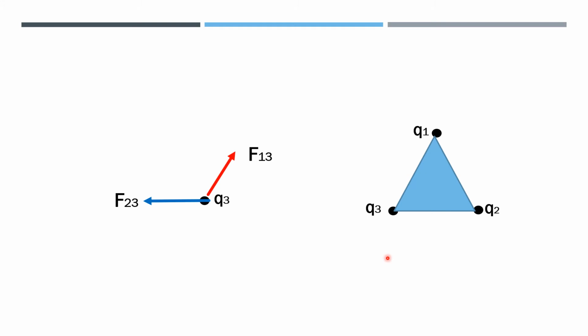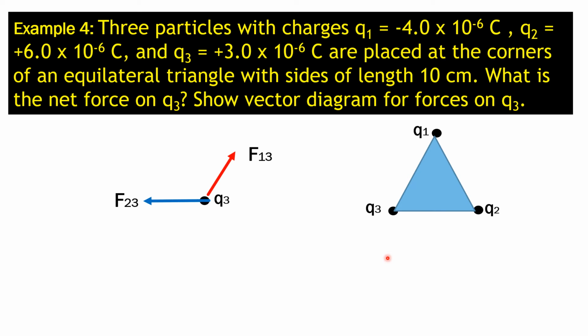We are down to the last example, example number 4. Three particles with charges Q1 equals negative 4.0 times 10 to the negative 6 coulomb, Q2 equals positive 6.0 times 10 to the negative 6 coulomb, and Q3, which is equal to positive 3.0 times 10 to the negative 6 coulomb, are placed at the corners of an equilateral triangle with sides of length 10 centimeters, as shown in this illustration.